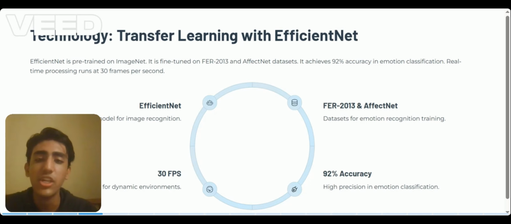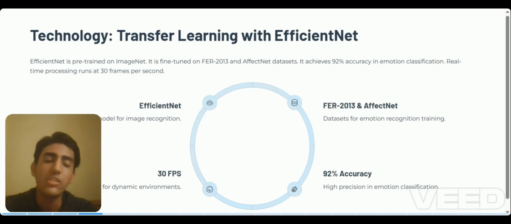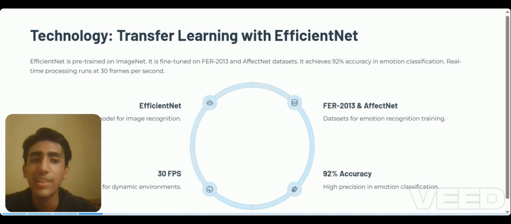The FER dataset stands for the facial emotion recognition dataset. There are two versions, if I'm not wrong, a 2013 version and a 2015 version. We'll be using both. And there's also something known as AffectNet, which is again a dataset for facial emotion recognition, where you have faces and then you have labels.